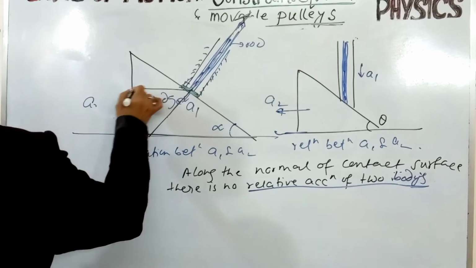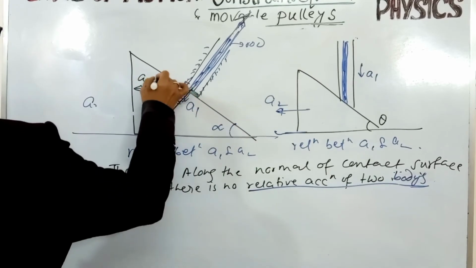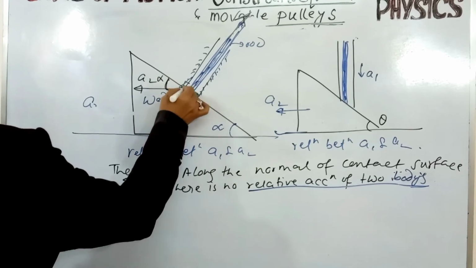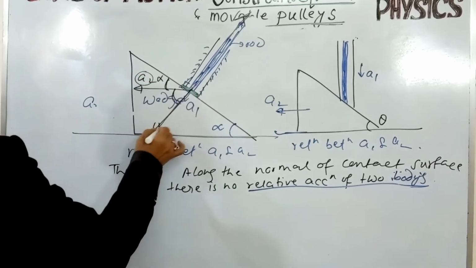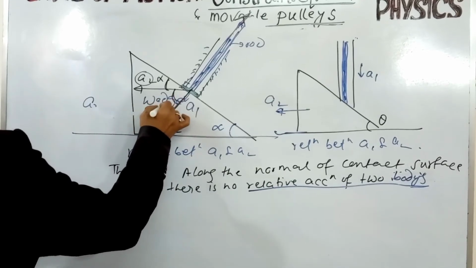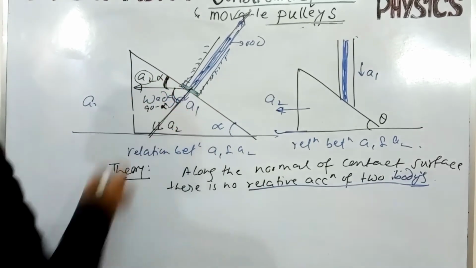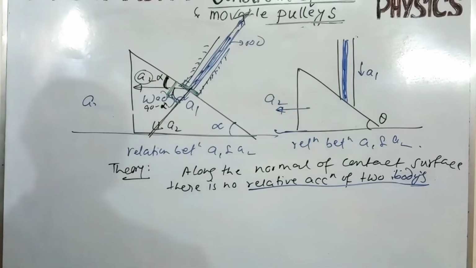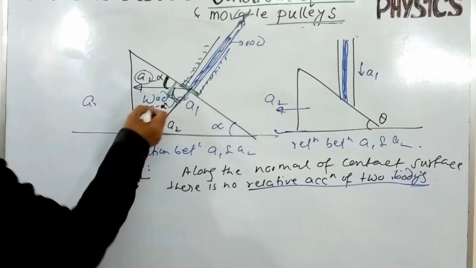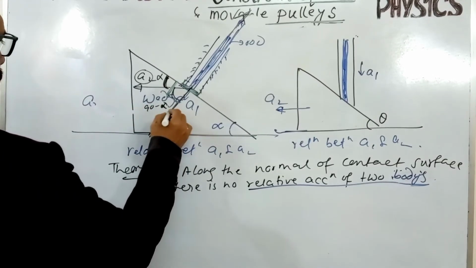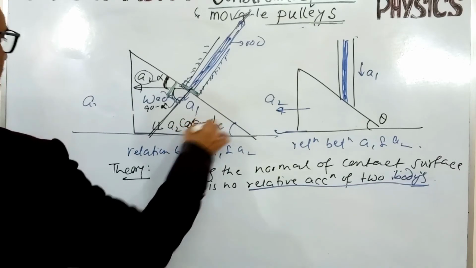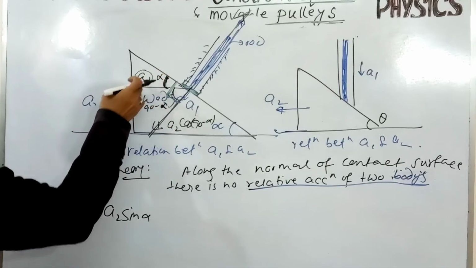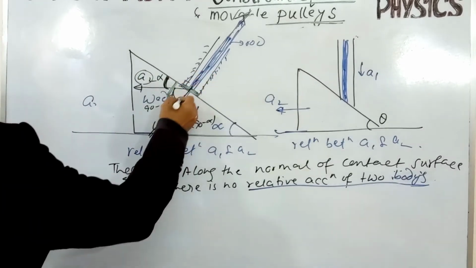A2 is in this direction, and this angle is alpha, so this angle is 90 minus alpha, because this is 90 degree. So the component of a2 along this direction is a2 cos(90 minus alpha), that is a2 sin alpha, and a1 is completely in this direction.